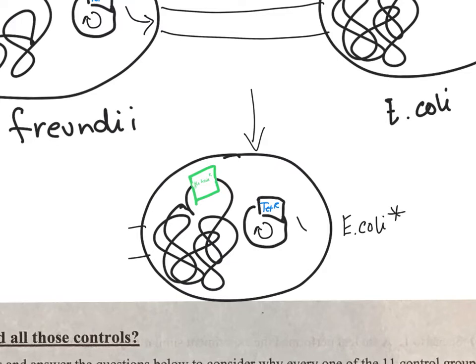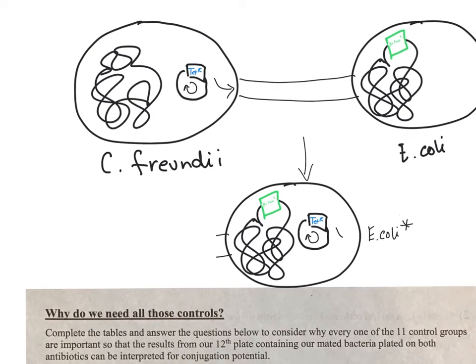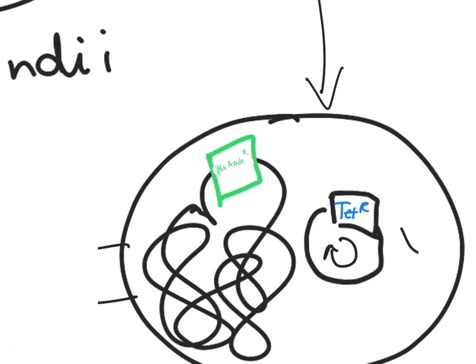So now the second question on the lab handout says, how would you select for transconjugates? So one way to do that is if we can grow these bacteria in the presence of both antibiotics, both sodium azide and tetracycline, then we'll kill off the parental strains.